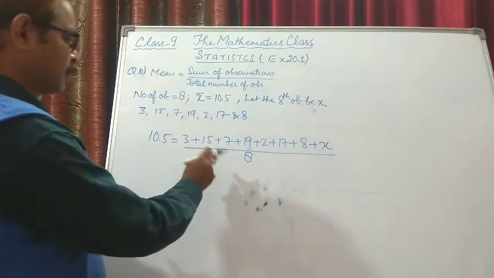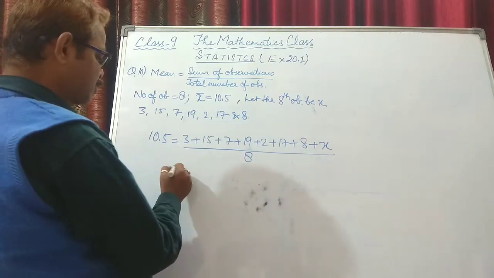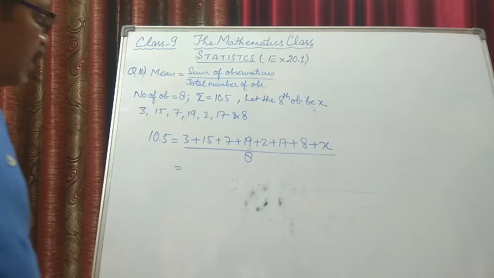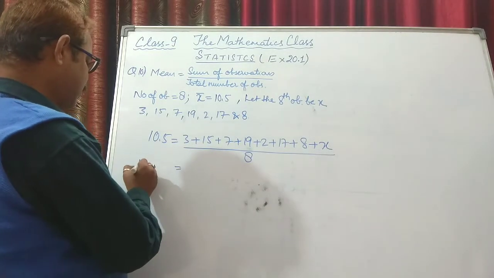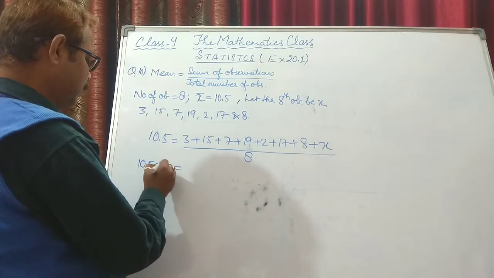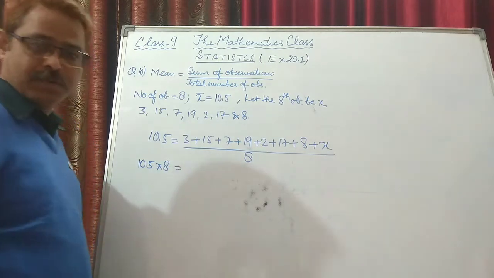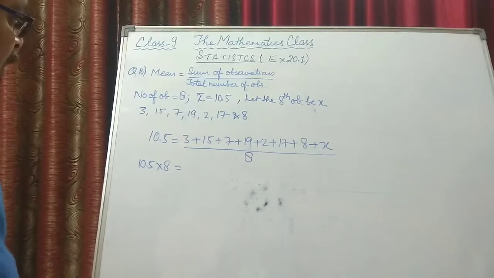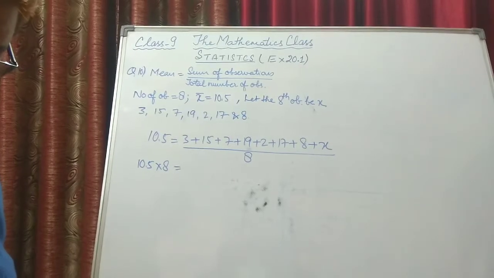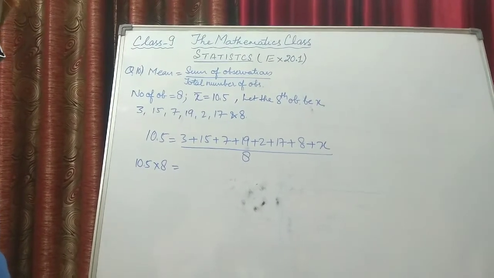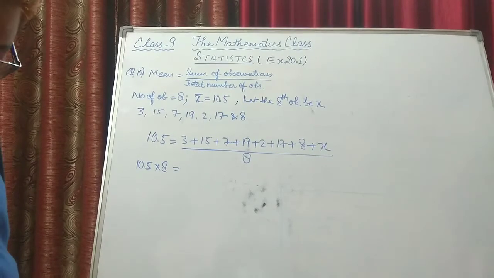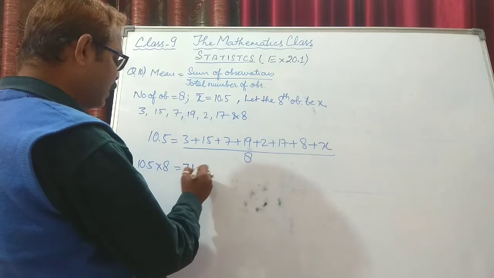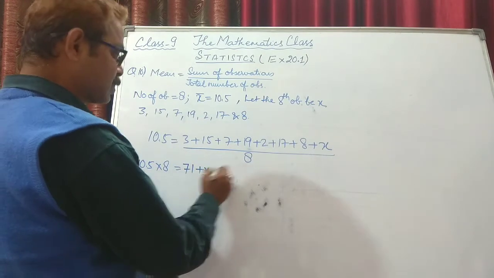So what we will do is cross multiply and add all these. 10.5 into 8 is equal to 15 and 3 is 18, plus 7 plus 19 plus 2 plus 17 plus 8. It gives us 71 plus x.